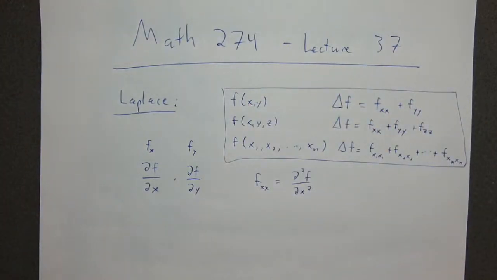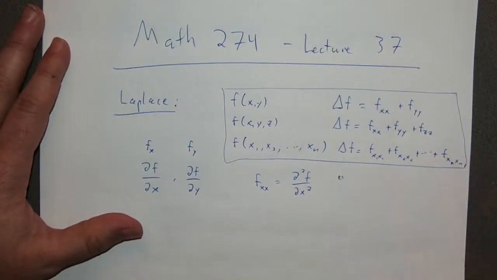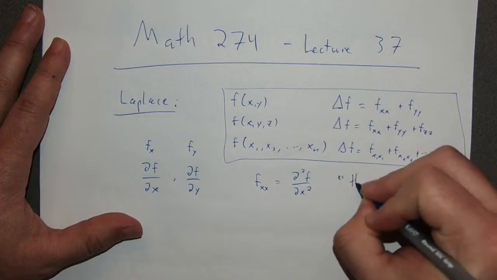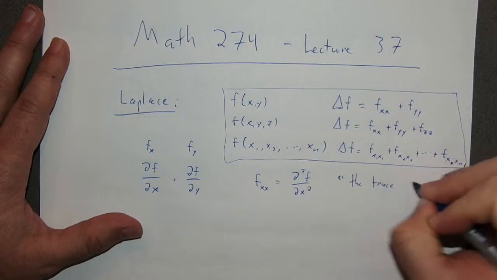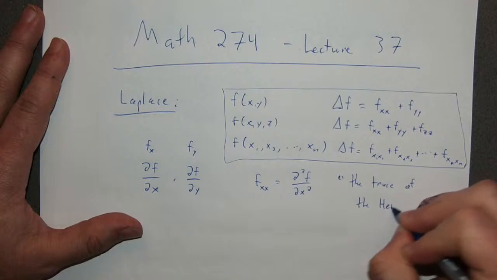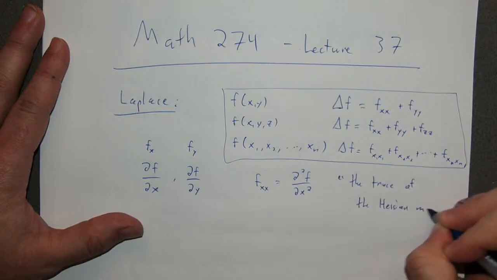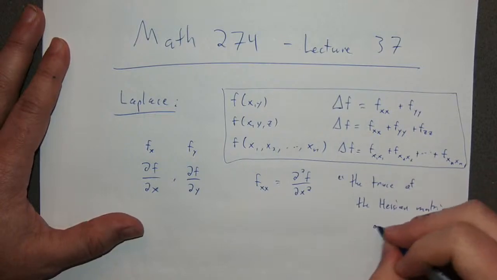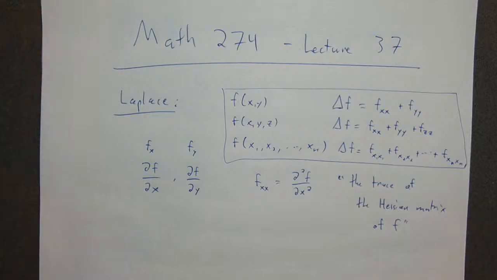Okay, and so the Laplacian can also be given a really nice description. It's the trace of the Hessian matrix of f. If you don't know what the Hessian matrix of f is, it's the matrix that contains all of the second order partial derivatives of f.